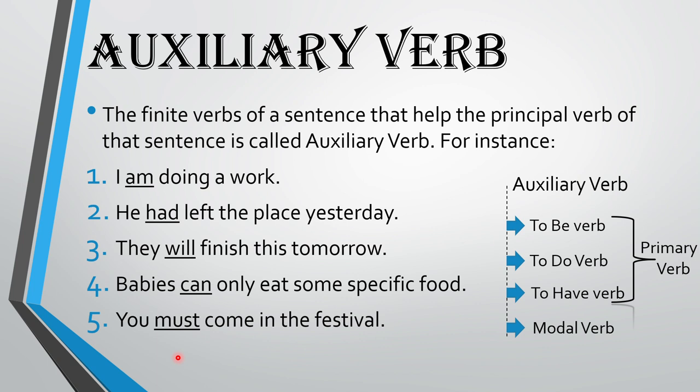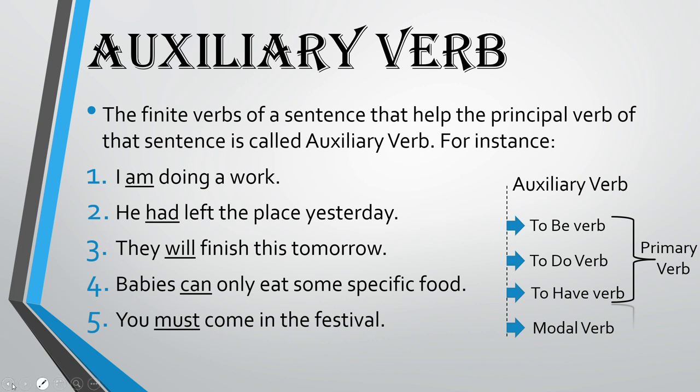These three are modal verbs. There are many modal verbs except these, like could, should, ought to, and many more. So there are many modal verbs in the English language.